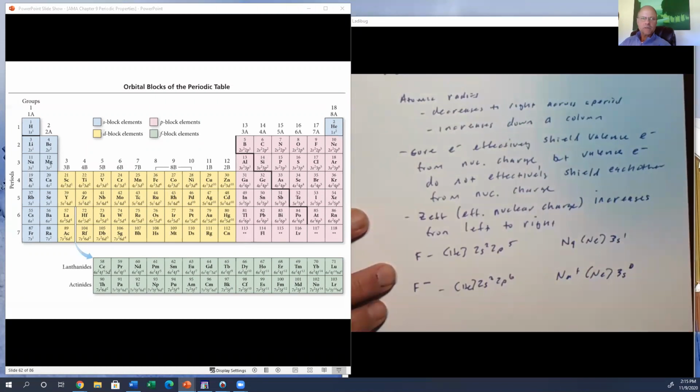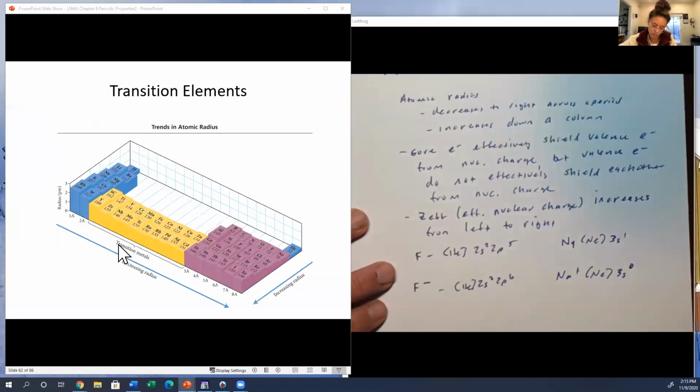Megan, do you have a question? Yeah, it was back when we were talking about the flat trend toward the transition elements. Does that also have anything to do with the configuration with the 4 and 9 rows? Does that have anything to do with radius? No, not really.